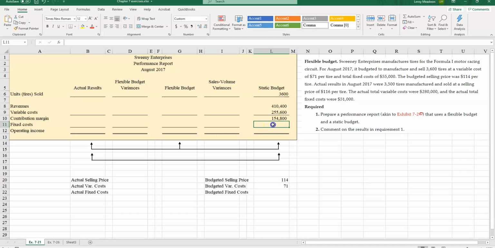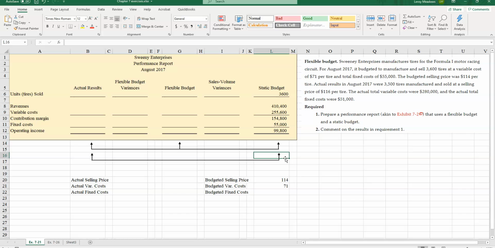It was $55,000. So I was going to budget operating income of contribution margin minus my fixed costs. And so my budgeted operating income was going to be $99,800.